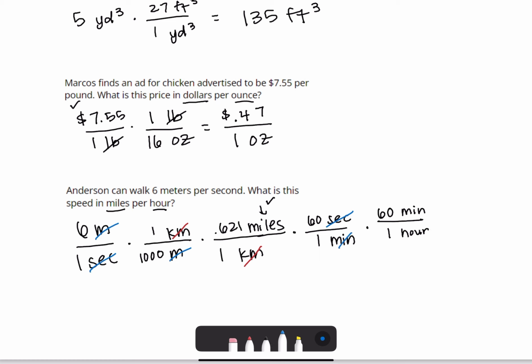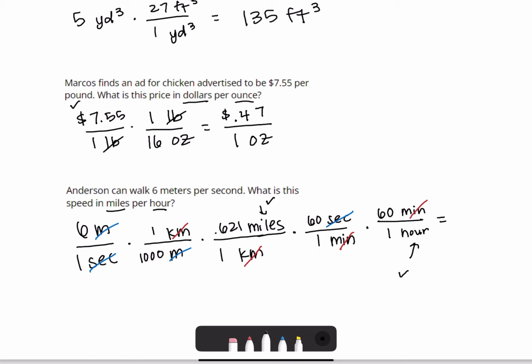So we put minutes in the denominator. I'll do red on that one again. Minutes and minutes. So then we have hours, which is what we want. So then we have miles per hour. And now all you have to do is multiply out all of those fractions.